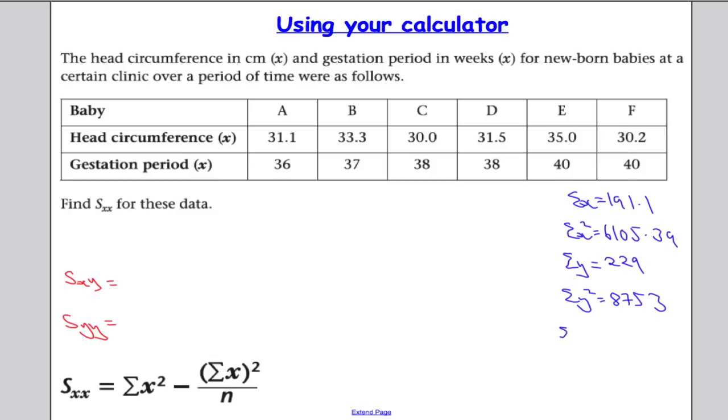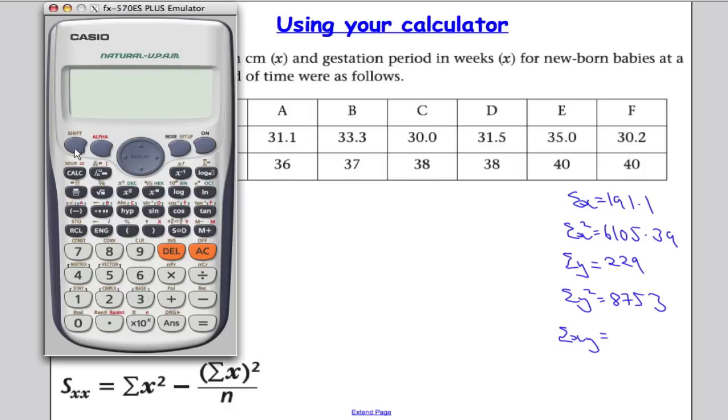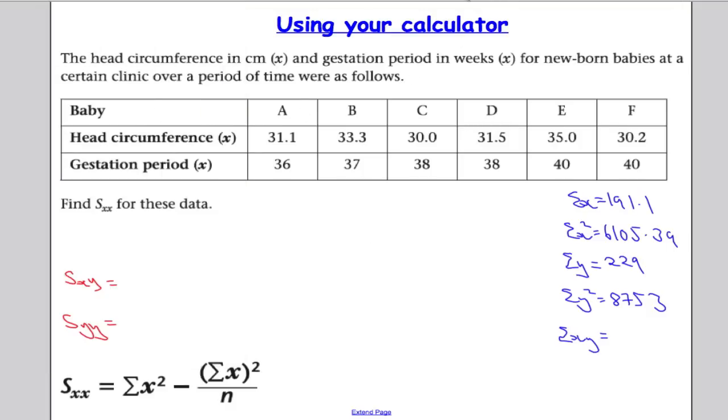And then finally we're going to need the sum of xy. Shift 1, sum, and then number 5 gives me the sum of xy. 7296.7. Okay, so to work out SXX, we just plug the values into the formula.